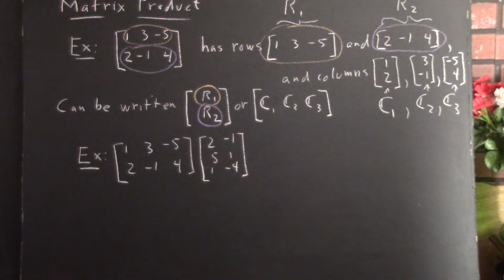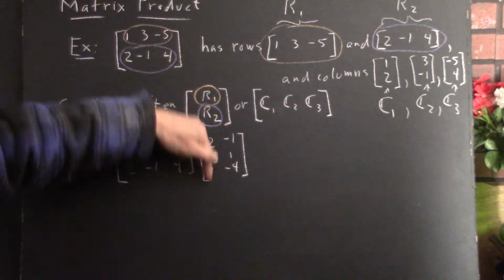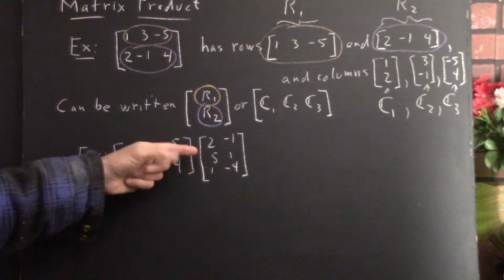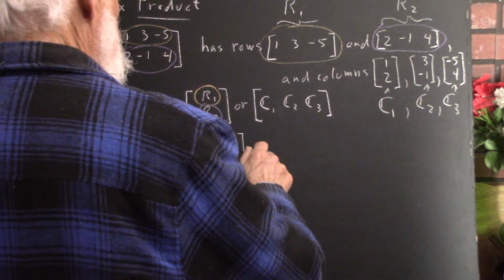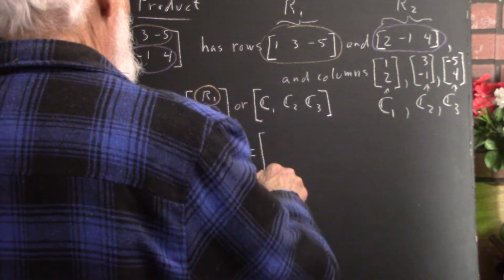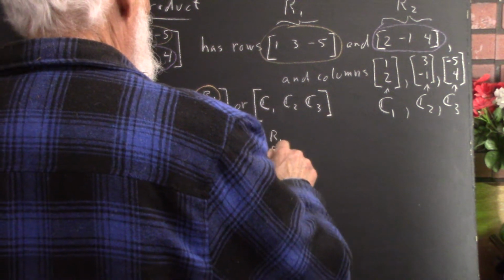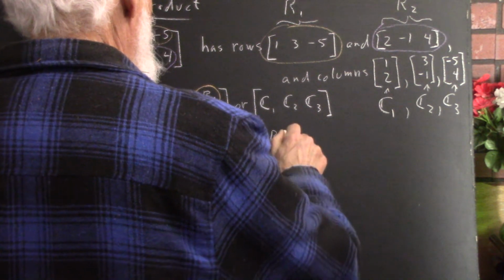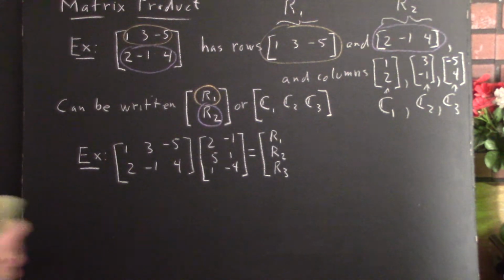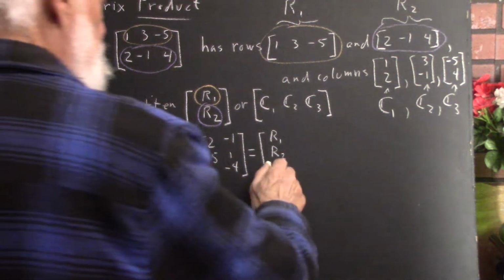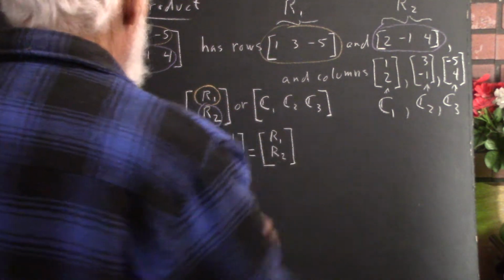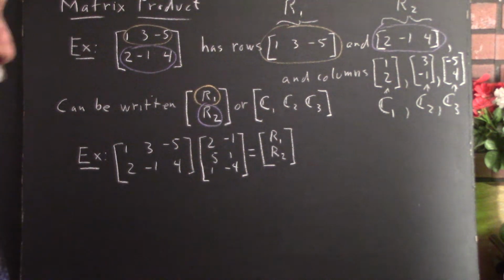Okay. Now my second matrix has columns of length 3. My first matrix has rows of length 3. So now I can multiply them. And how do I do this? Well, let's write the first matrix as row 1, row 2.